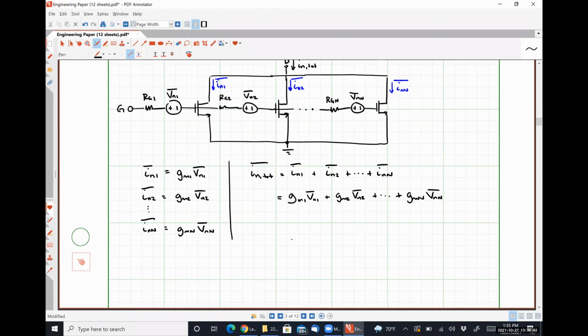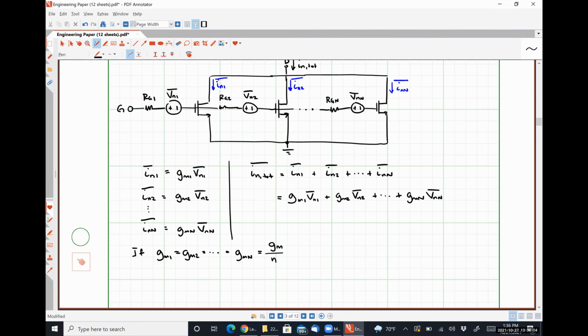So if GM1 is equal to GM2 is equal to GMN, what I'm going to say is that all of these sub-transconductances is simply the overall transconductance divided by N, the number of units that we broke this thing out into, okay?